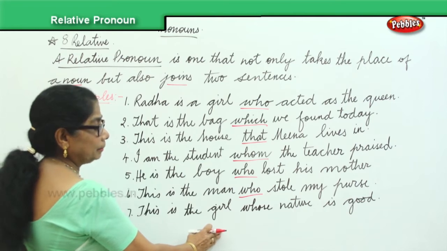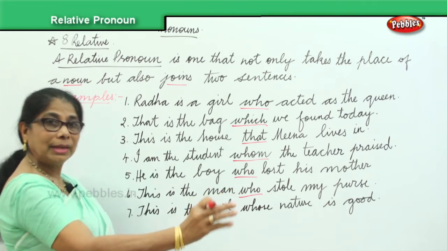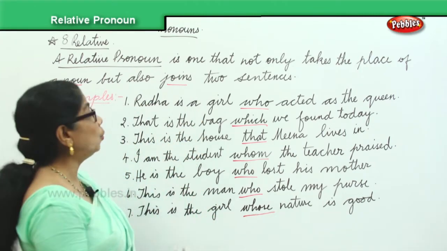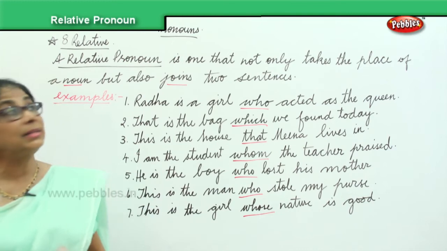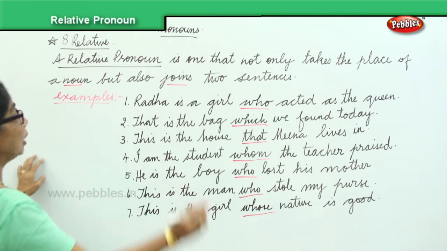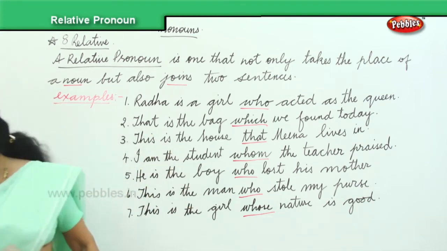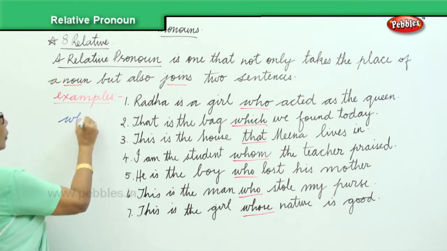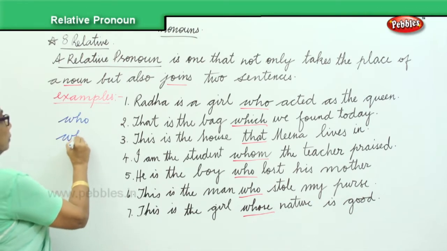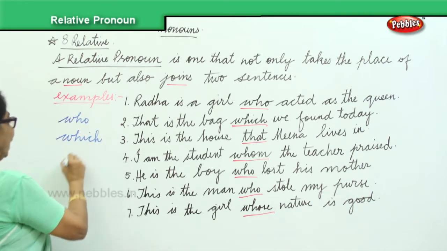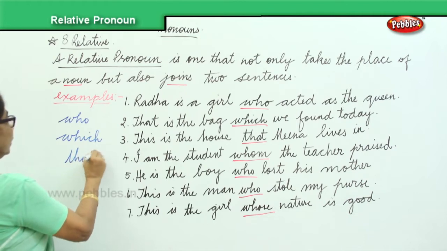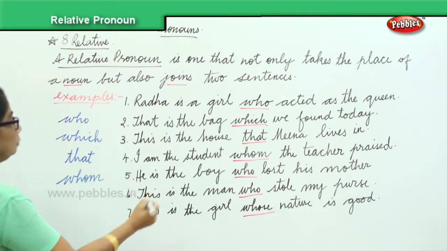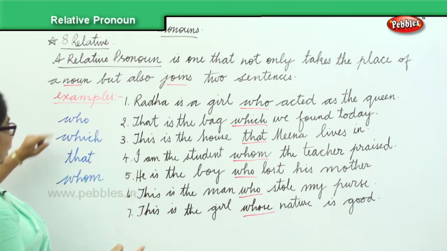This is the girl. She has good nature. This is the girl whose nature is good. So these words are called the relative pronouns. What are those words? Who, which, that, whom, who, and whose.